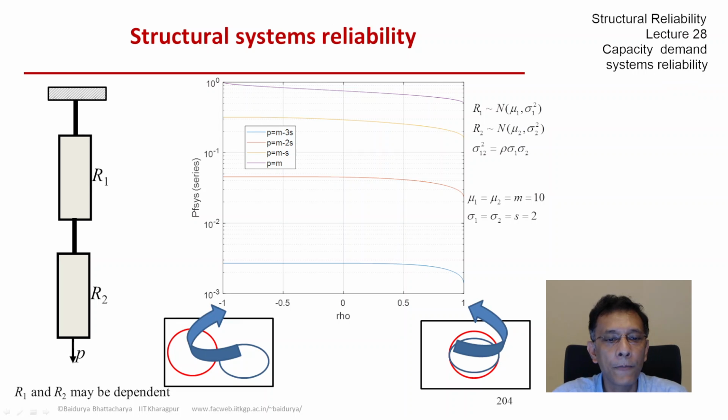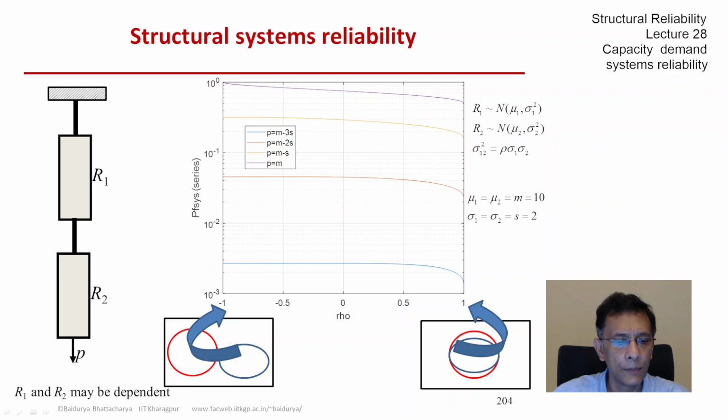So that tells us that one has to take the assumption of high dependence or full dependence a bit carefully, because that leads to a low estimate of failure probability, and if that assumption is not right, we would be underestimating failure probability, which could be dangerous.